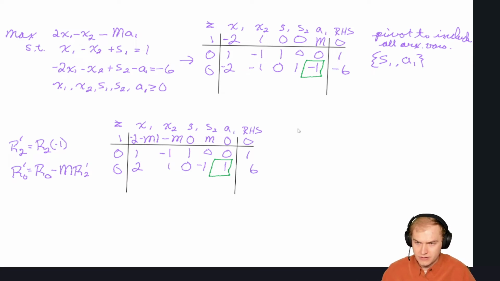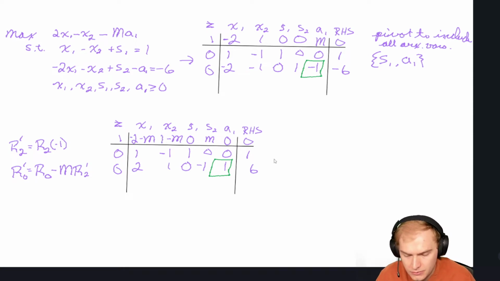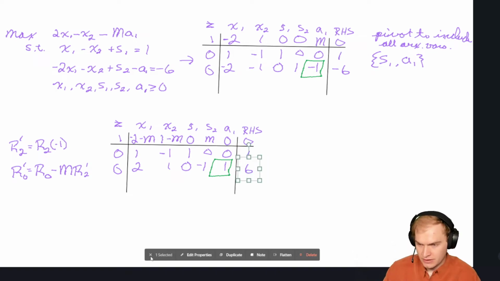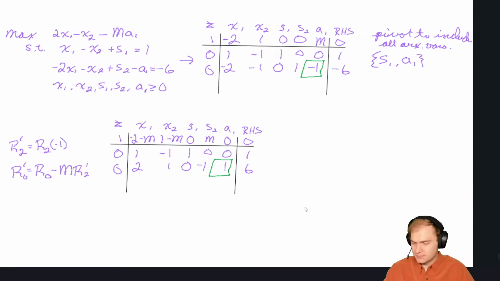Let me crunch this in a little better. And we'll notice that none of our constraints are violated. So in sort of the traditional sense, this tableau is feasible. But we have an auxiliary variable in the basis, so it's not feasible to our original problem still.